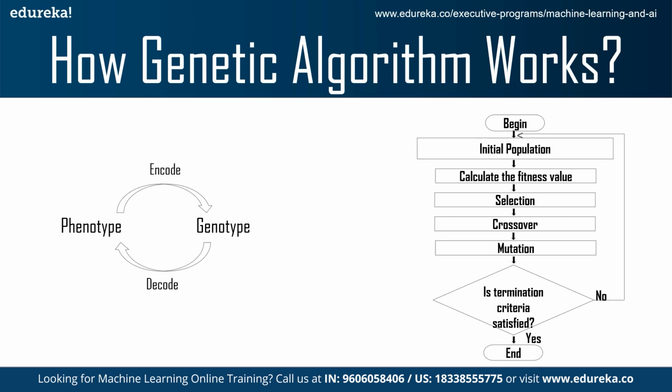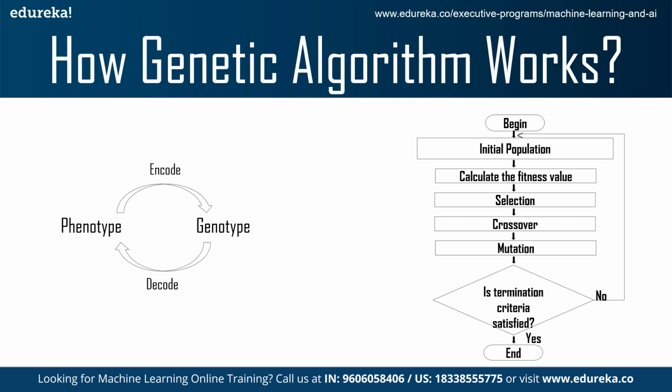You can think of the example of an exit poll. If someone is just considering a population of a certain age or a certain class, then it won't result in a good output, or a good survey report, right? At the same time, if someone takes a diverse population, like different classes, different religions, different communities, and different age groups, then we can get a very good survey result, right? For an exit poll survey. So that's about the initial population.